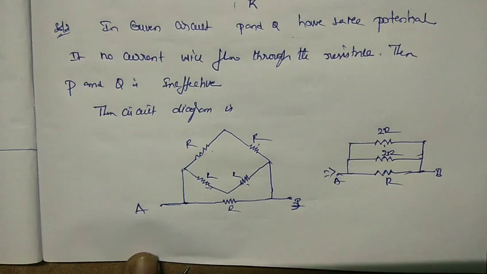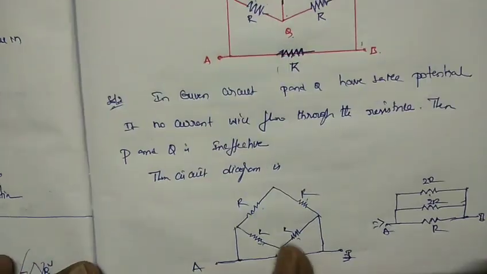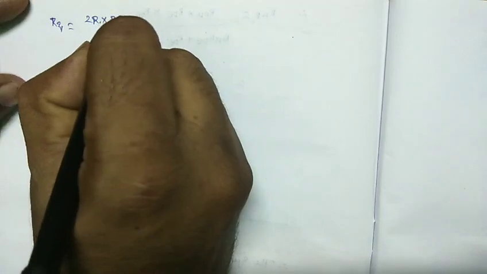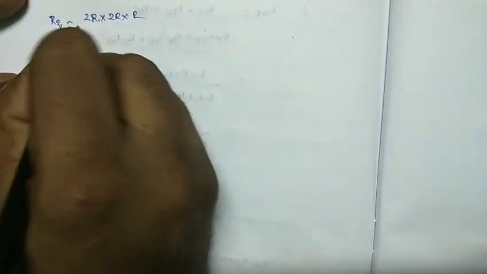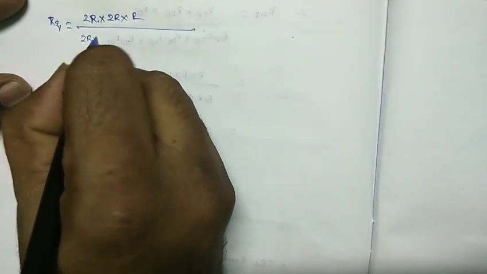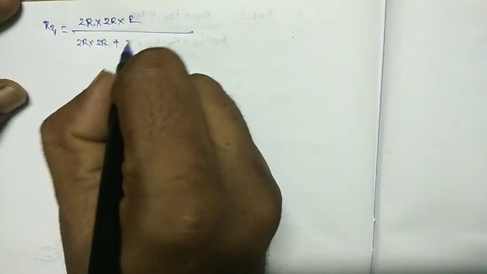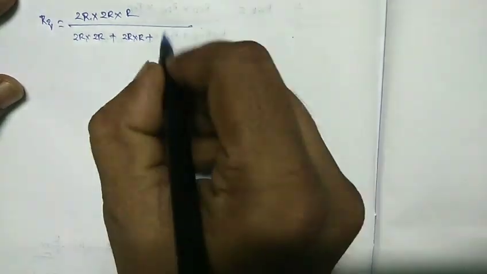Therefore, what do we have to do now? R equivalent is equal to 2R into 2R into R, by 2R into 2R plus 2R into R plus R into 2R.